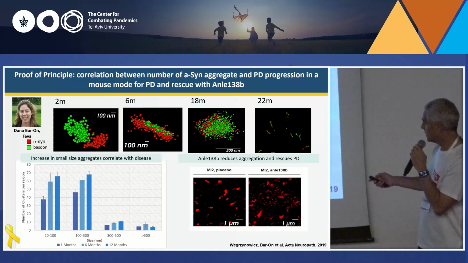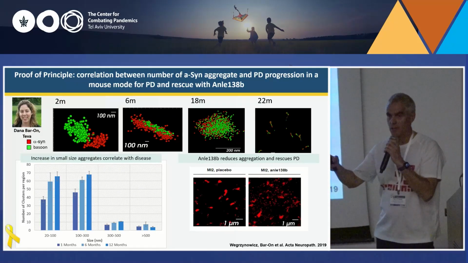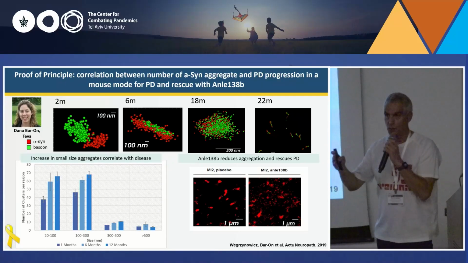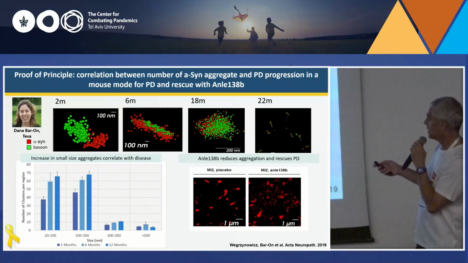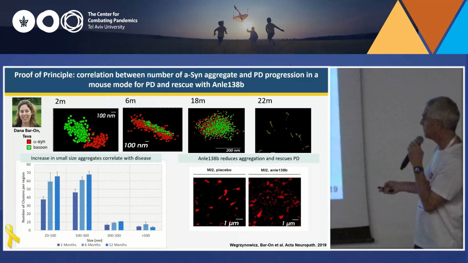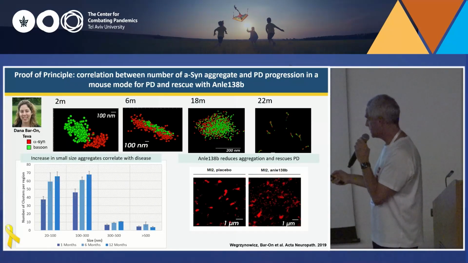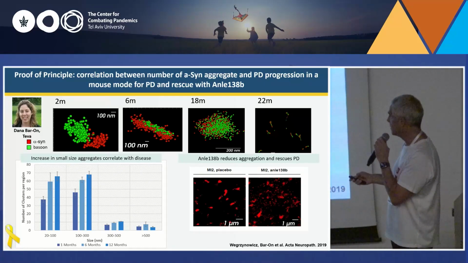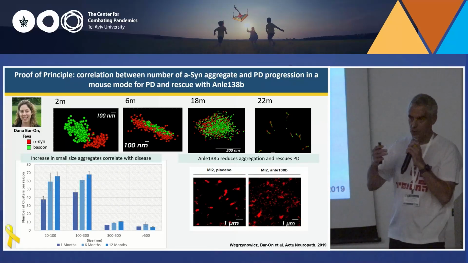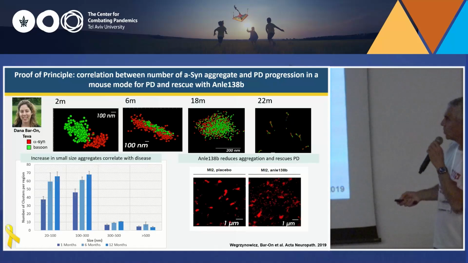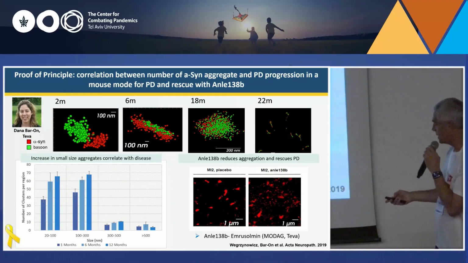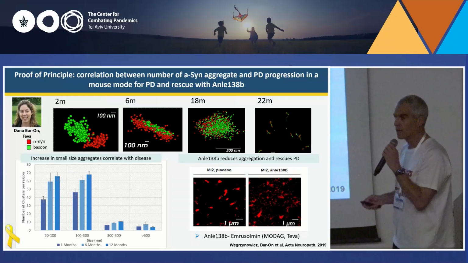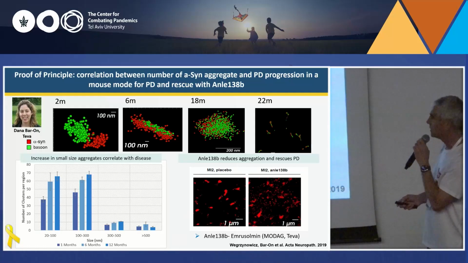We found that the mice have much fewer Parkinsonian symptoms, the neurons did not die, and when we looked into the striatum of these mice, we could clearly detect the clusters; the aggregates are still there, but they are much less dense. So it seems that the modulator is interfering with the aggregation process, and this ANLE is now called emrusolmin, and it's in clinical trial for MSA, which I'll come back to in a minute.